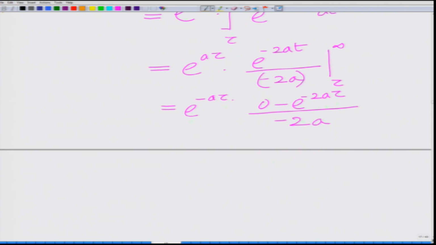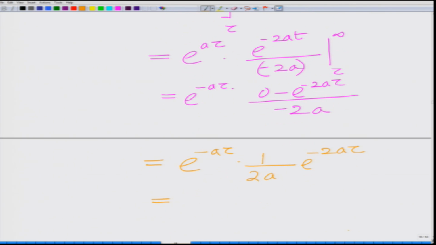This is e to the power of a tau times 1 over 2a e to the power of minus 2a tau, which gives 1 over 2a e to the power of minus a tau.